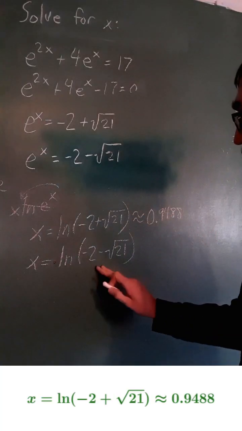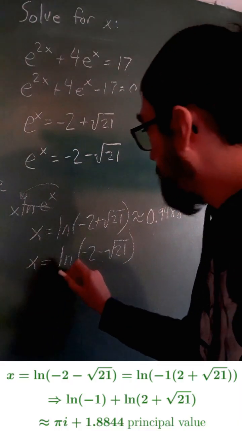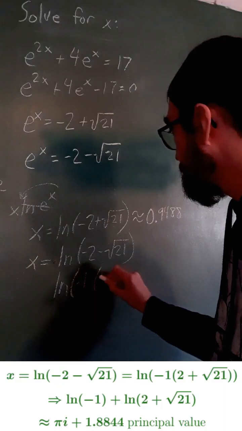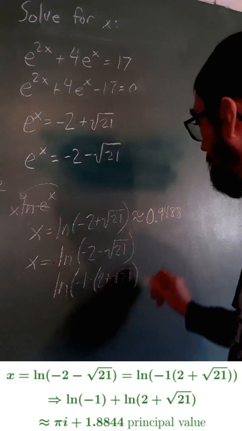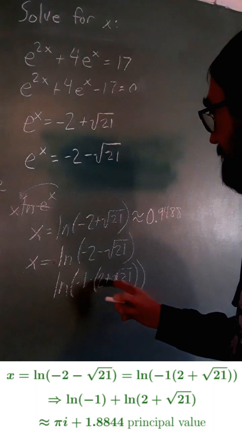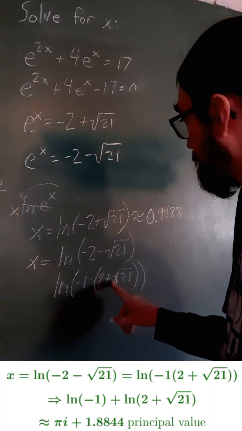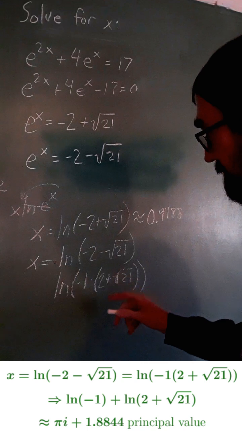0.9488. This one's going to be negative. So what we can do is factor that negative. If we factor the negative out here, this will give us a product of negative 1 and a positive real number.